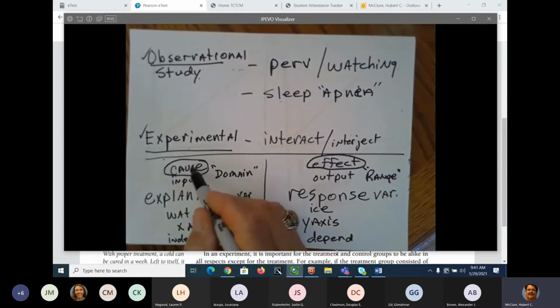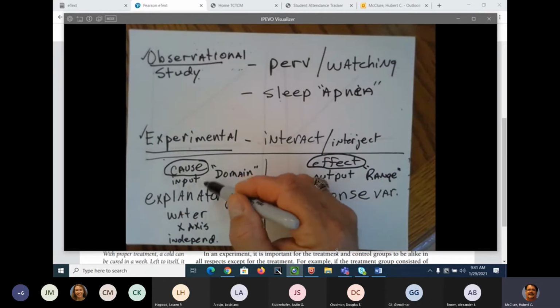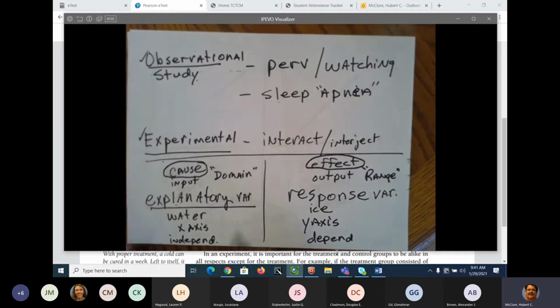All right, cause and effect, and that's what the experiment and sometimes the observation is all about. Cause and effect. The cause is usually the explanatory variable. What do you mean? Well, in order to make ice, an ice machine has to have what? Water.